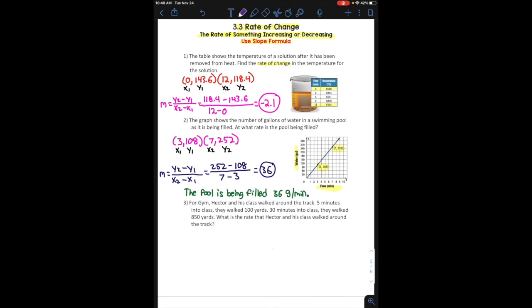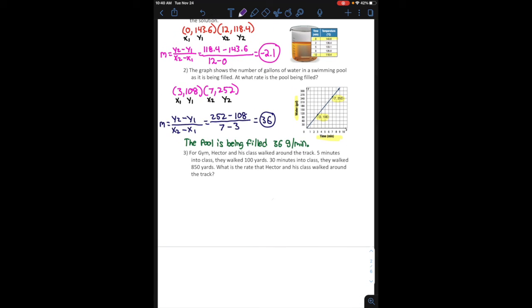Our last word problem, number 3, gives us data in the paragraph that we see. It says, for the gym, Hector and his class walked around the track. 5 minutes into class, they walked 100 yards, and 30 minutes into class, they walked 850 yards. What is the rate that Hector and his class walked around the track? So again, we need 2 ordered pairs to find the rate of change.